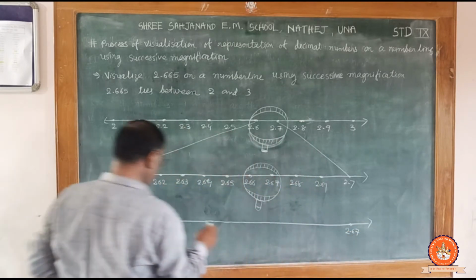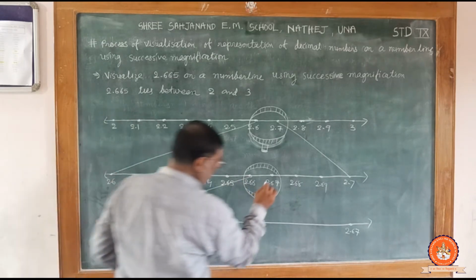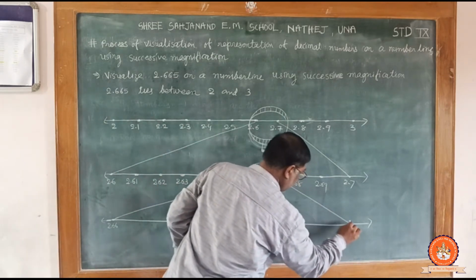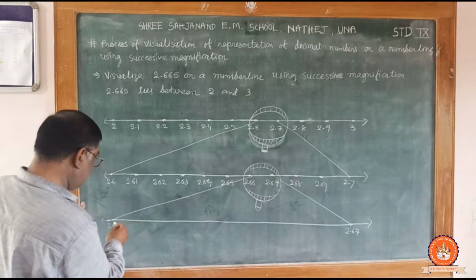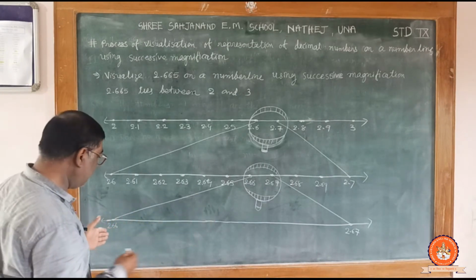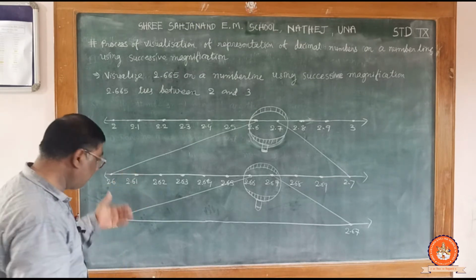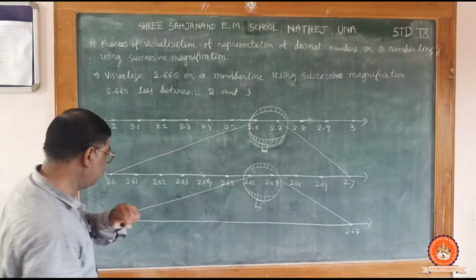Again the portion between 2.66 and 2.67 will be divided into 10 equal parts, and for that we have to put 9 points.